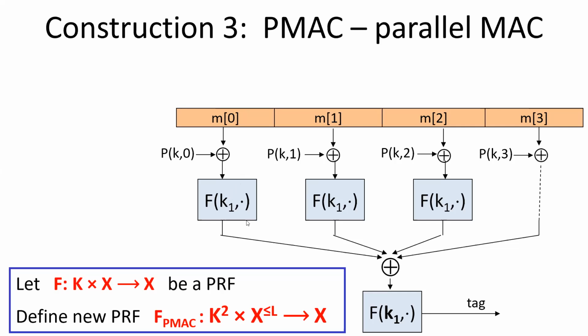And I finally have to combine them, because if a MAC is truly parallel, so there is no combination between some processing of, say, the left side and the right side, then that cannot be a secure MAC, right? If some value was created independently from the right one, then I can mix and match.